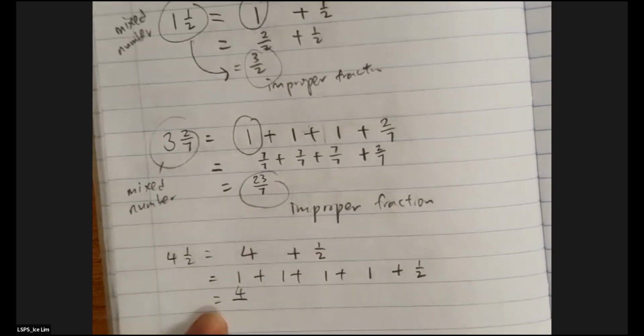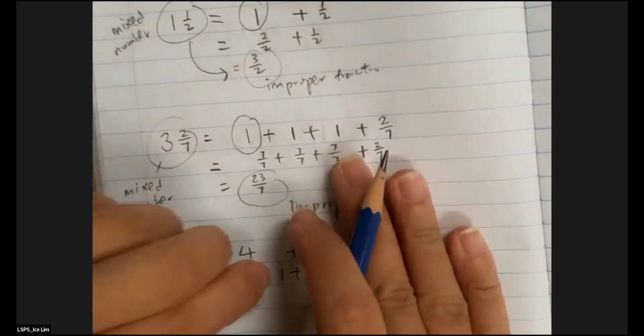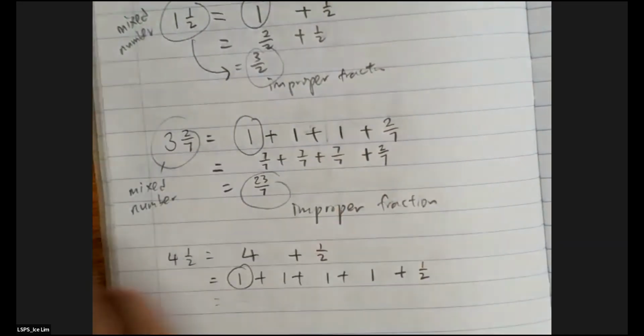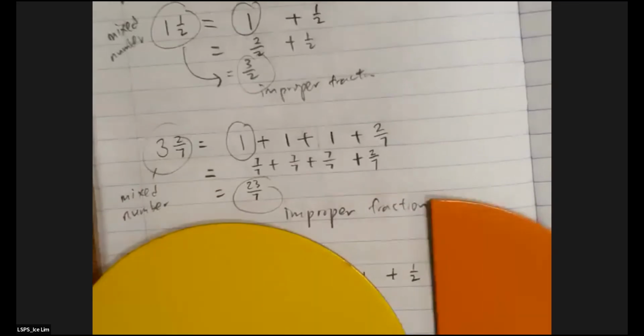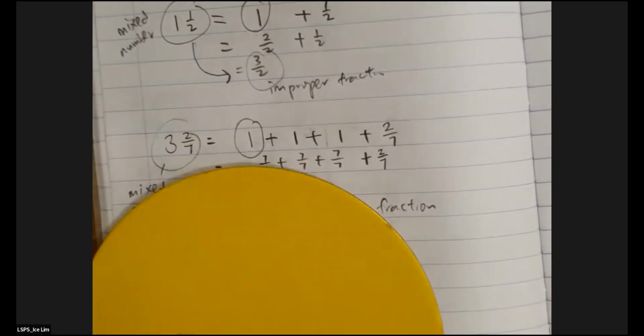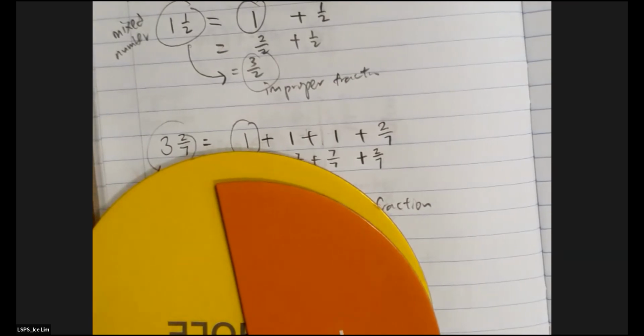If this is 1 whole and I'm looking at halves, if I want to replace this whole with halves, how many halves are there? 1? 2.